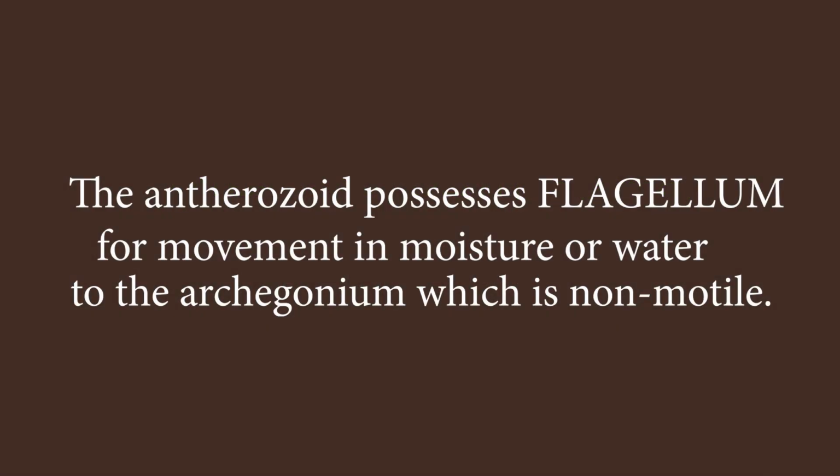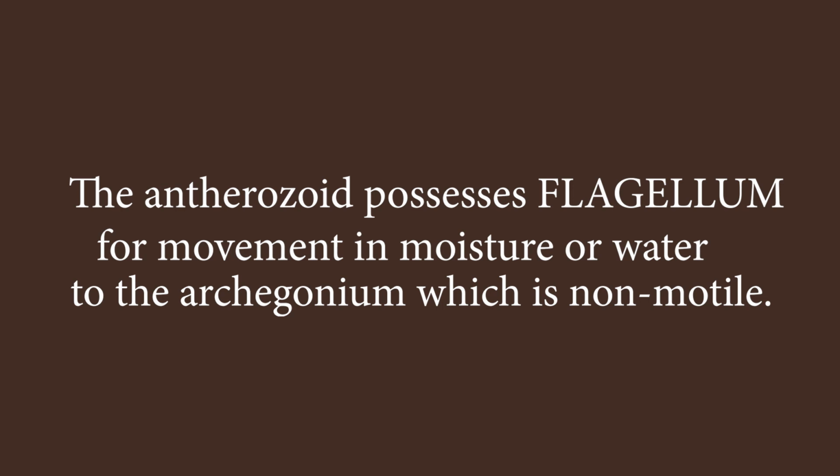The anterozoid possesses flagellum for movement, but the archegonium is non-motile. And that is the reason why these plants live in moist environments, because the anterozoid needs water to swim. And when we say water, it does not necessarily have to be flowing water.